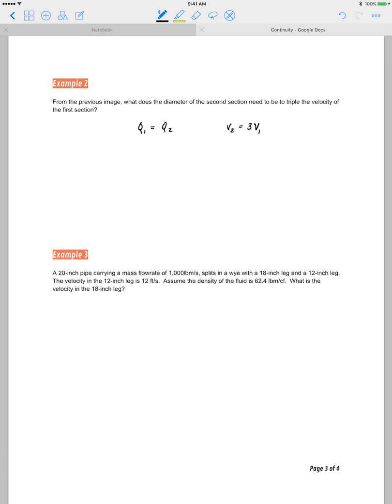That being said, we have Q1 equal to V2 A2, which is essentially also equal to 3 V1 A2. So we have 10 cubic foot per second equals 3 times V1, which is 3.18 feet per second, times A2.